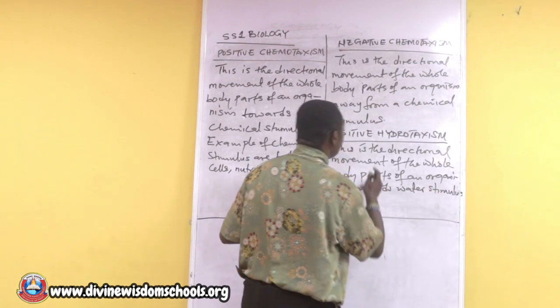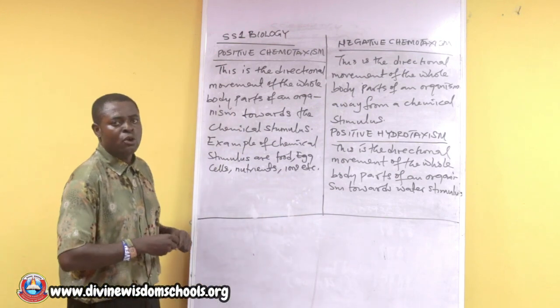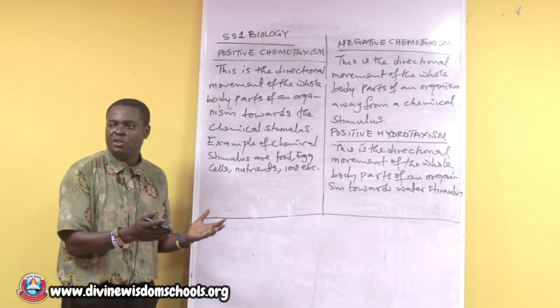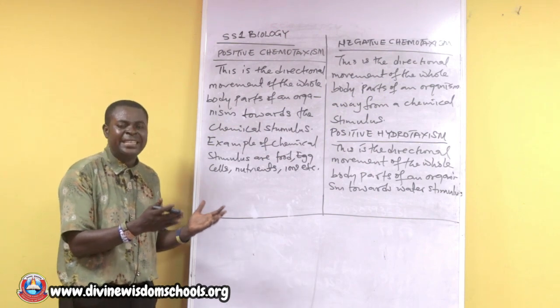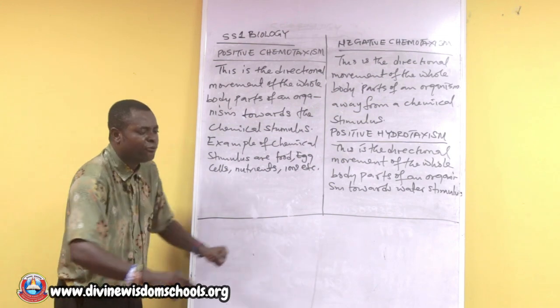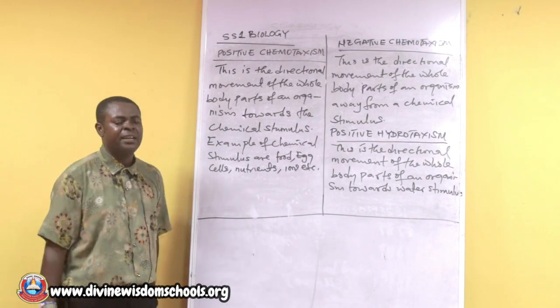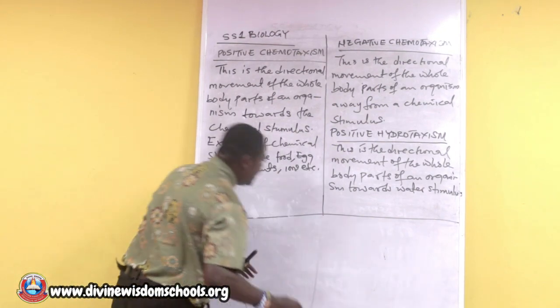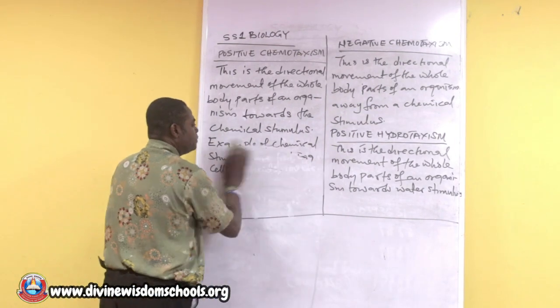Hydro, anytime you come across the word hydro, it means water. So if you catch a fish in your hand, and the fish struggles to get down from your hand, and falls on the ground, and struggles to move close to the water and swim inside the water, it has undergone positive hydrotaxism.